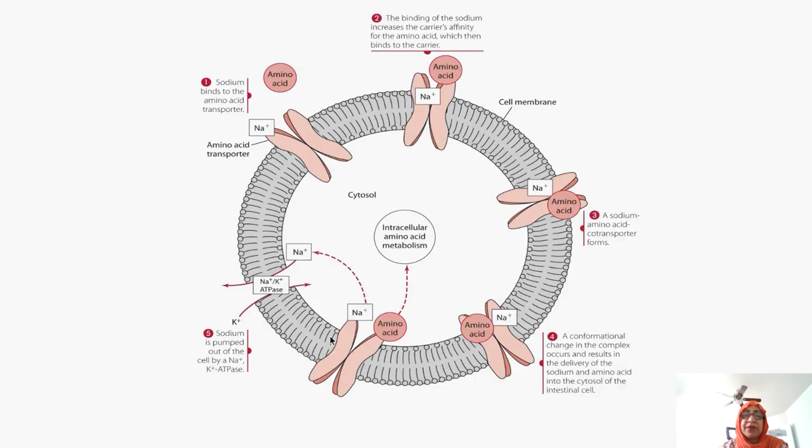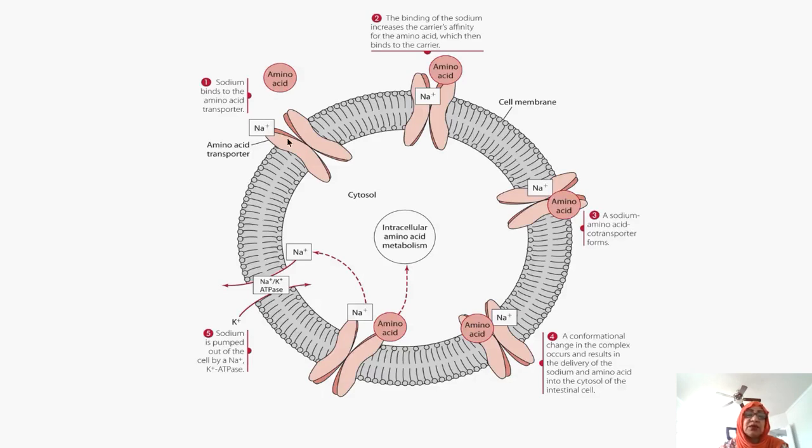So this is the cell membrane, and as you can see it has a lipid bilayer. Amino acids in general are hydrophilic in nature, so they need a transporter to cross the lipid bilayer over here. So sodium is a helper in this case.